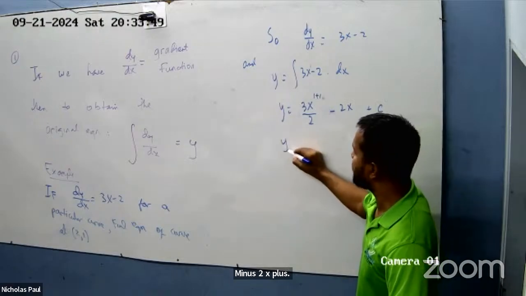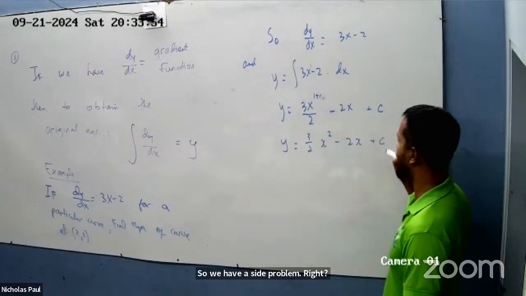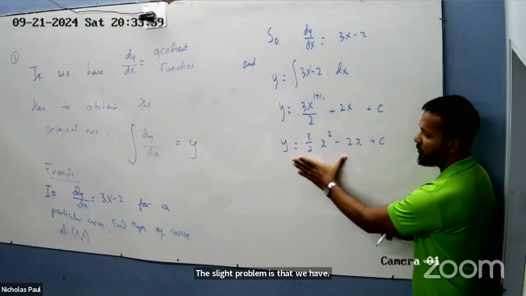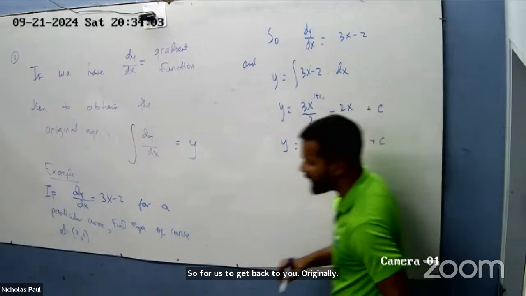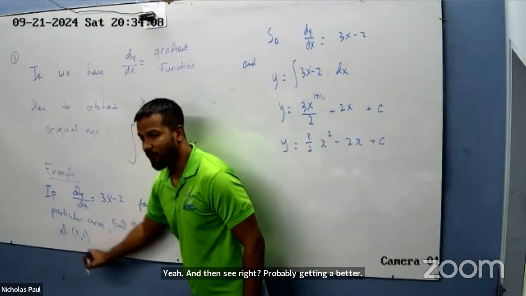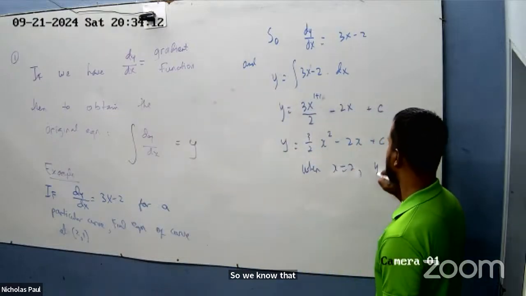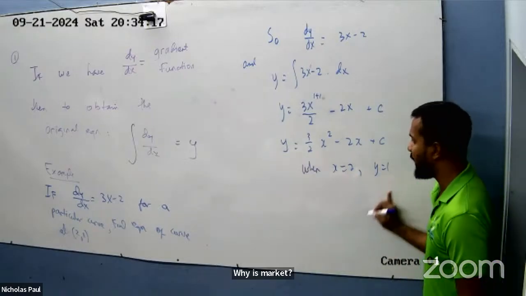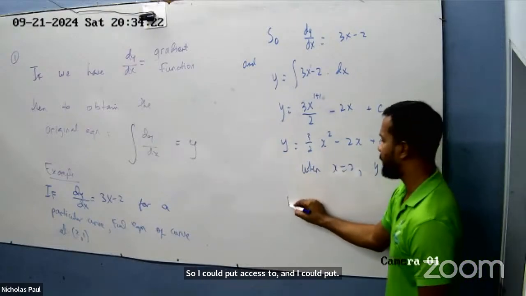So we have a slight problem: we have a c. For us to get back the original equation, we need to get rid of the c. How do we get rid of c? We know that when x is 2, y is 1. So I put x is 2 and y is 1 in here.